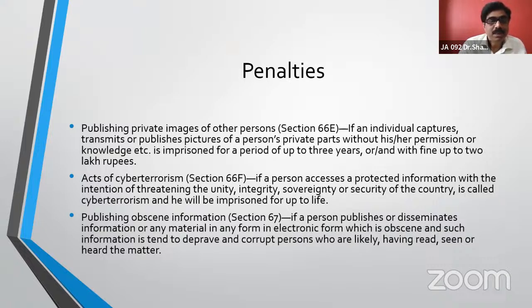Next, publishing obscene information, section 67. If a person publishes or disseminates information or any material in electronic form which is obscene, and such information tends to deprave or corrupt persons who are likely to read, see or hear the matter, that is publishing obscene information.